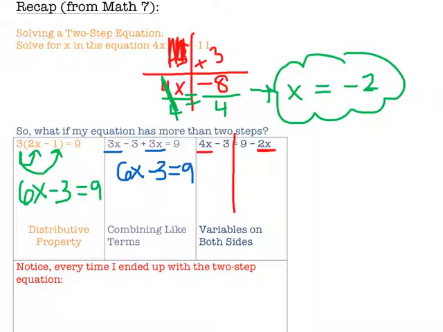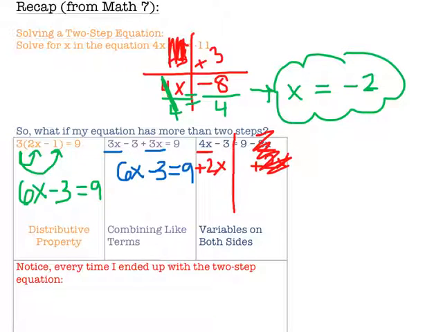And the way that I do that is with inverse operations. So the opposite of minus 2x is plus 2x. And whatever I do on the right, I have to do on the left. So I'll say plus 2x. And the reason that I'm doing this is because negative 2x plus 2x is 0.